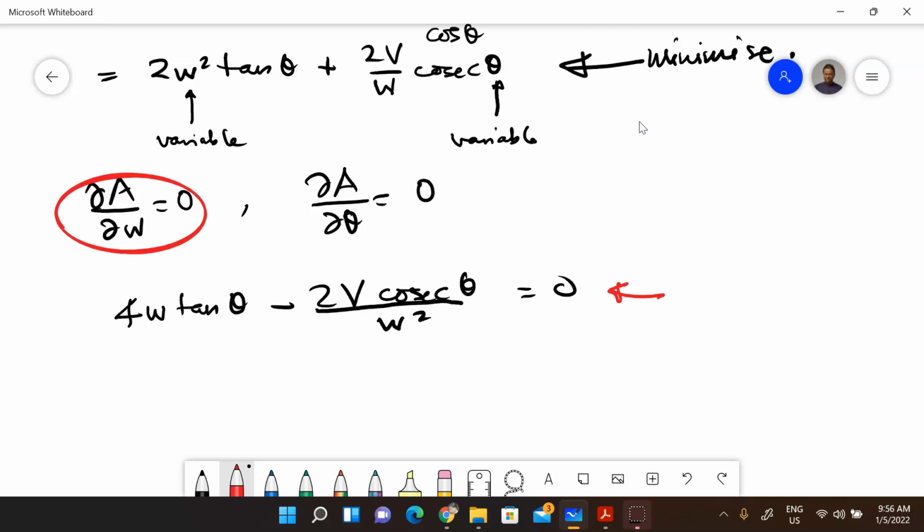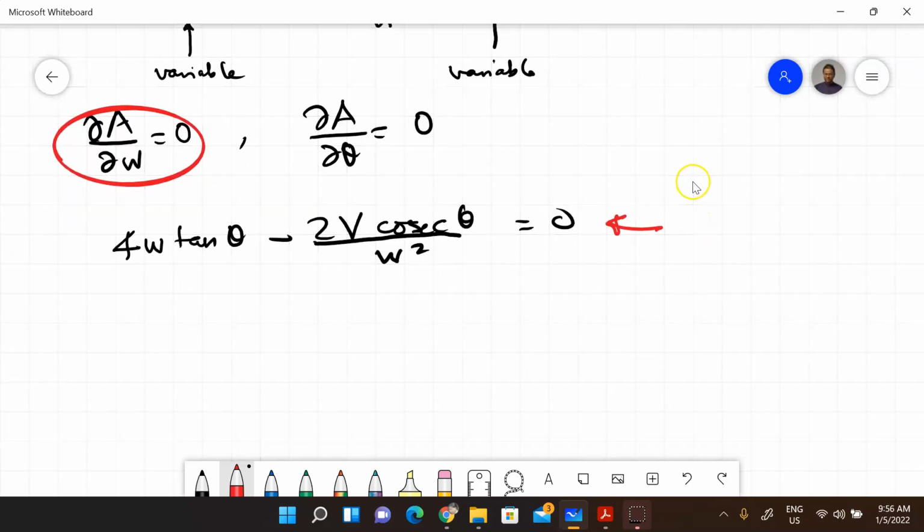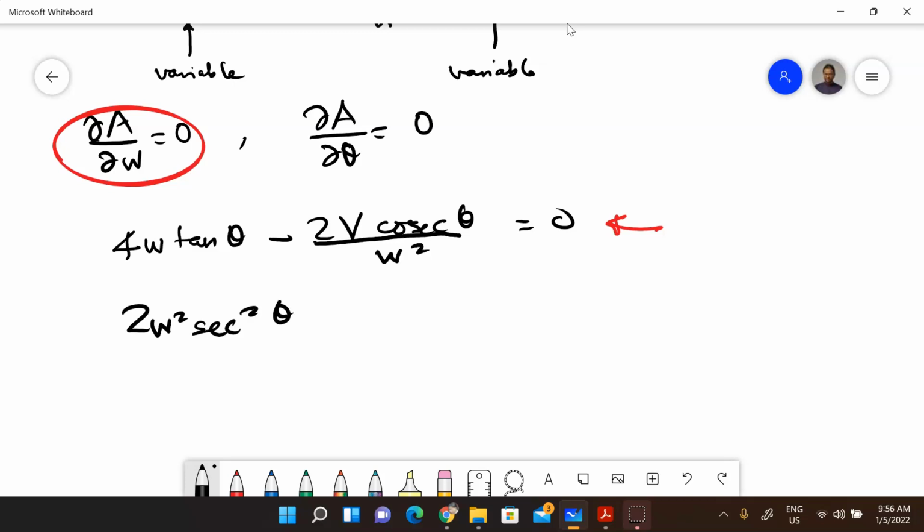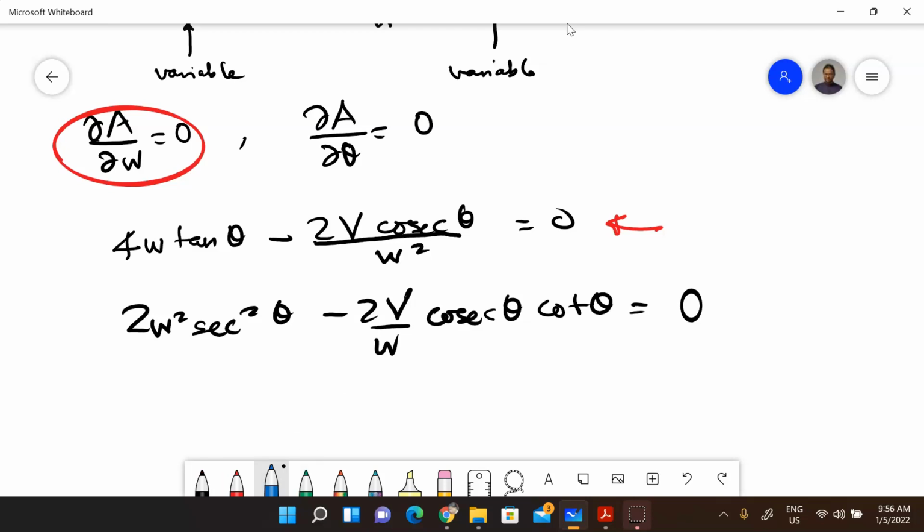And then we do the other one, which is 2W squared secant squared theta minus 2V on W cosecant theta cotangent theta. So you have to remember how to differentiate cosecant theta here, otherwise you do it by first principle again. And that gives you this equation.